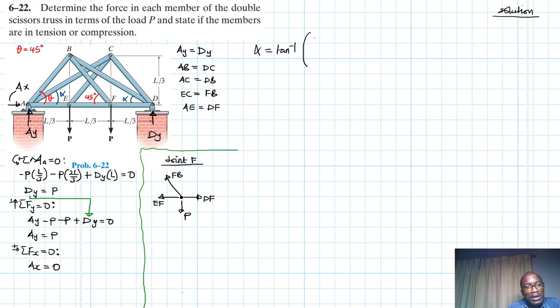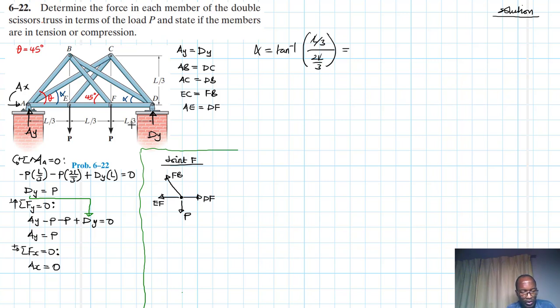What is CF? It is L over 3 divided by what is AF, it is 2L over 3. So L and L cancel. So we have 1 over 3.